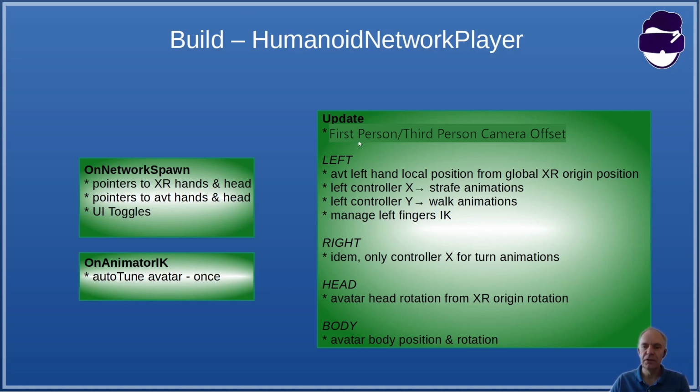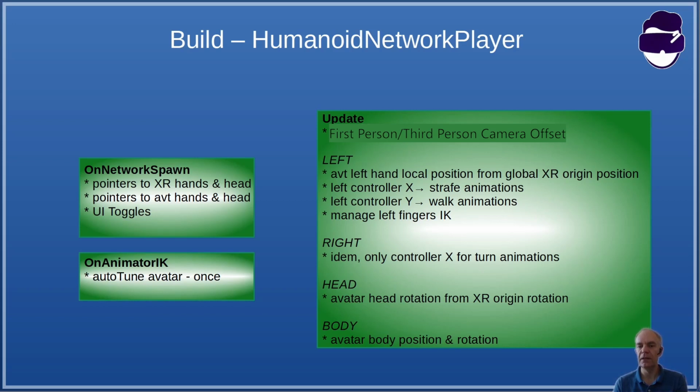In the update function, we do a quick check on first person 3D camera offset. Then we check the left hand and see what the local position is of the avatar's left hand, and we calculate that from the global XR origin position. For the left controller, we have two options. If you move the left controller in the X direction, you launch the strafe animations.